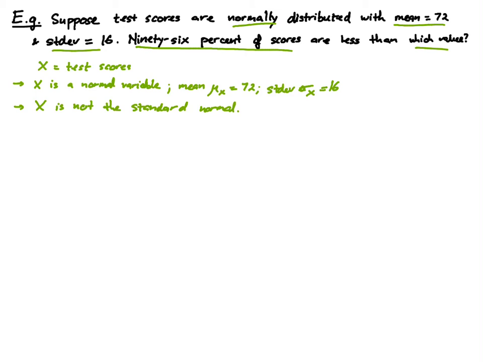Now let's take a look at the question. The question says that 96% of scores are below a given value. Let me call that value X sub 0. So let X sub 0 denote the value of interest.